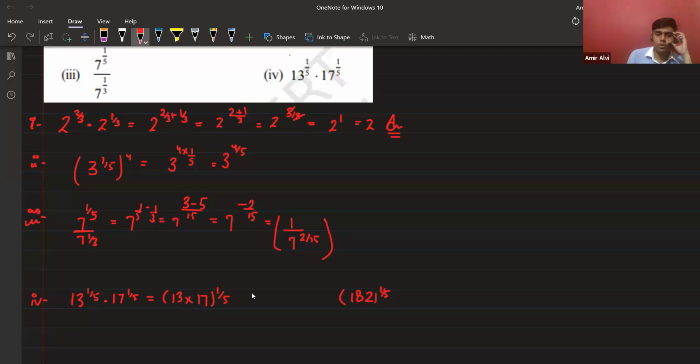So no, Simrat, your calculation is not correct. Let's solve it. 3 sevens are 21, 2 will be carried. 3 ones are 3 and 2 carry makes 5. Multiplication sign, 7 will be here.